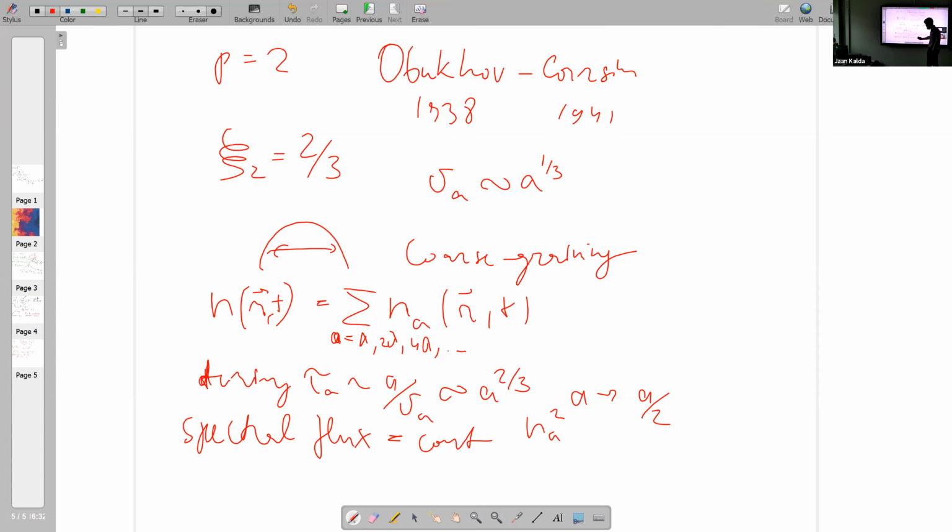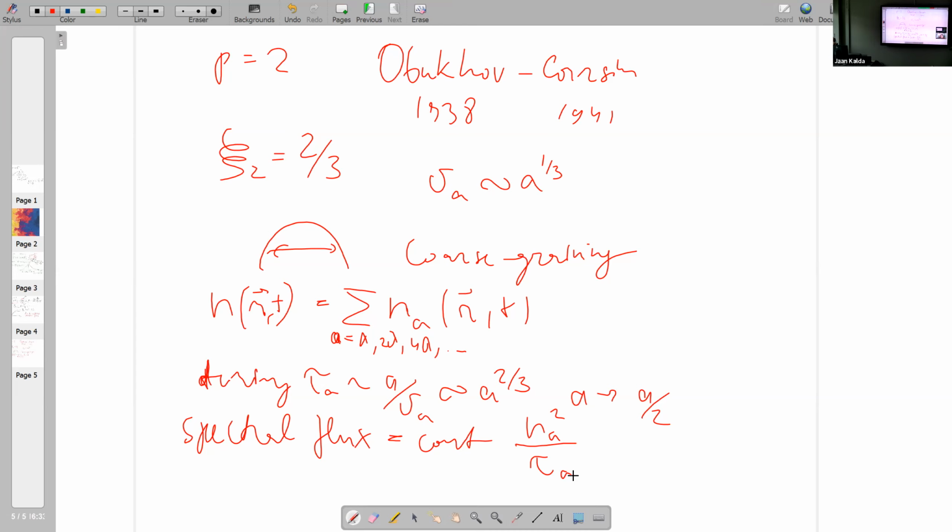So the spectral flux is this quantity divided by tau_A, and this happens at all the other scales as well. If this were not constant, we would have accumulation of spectral energy at certain scales. If it is constant, as much energy comes in as goes out.